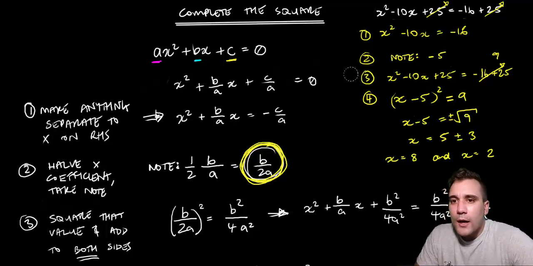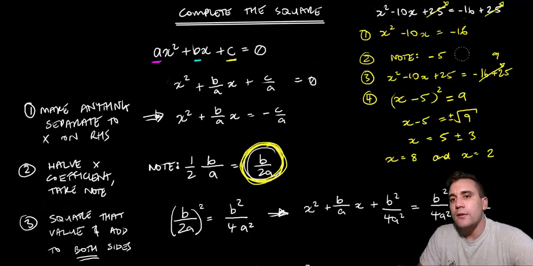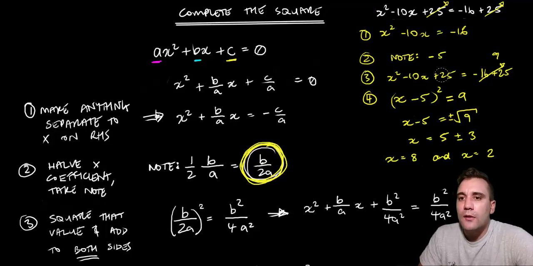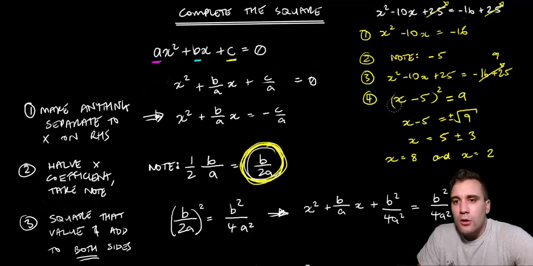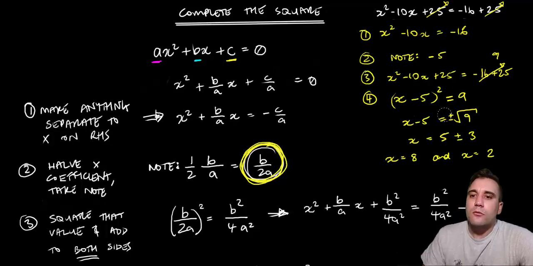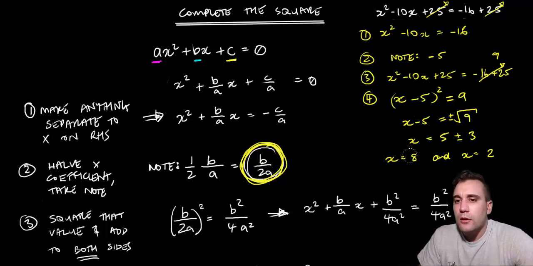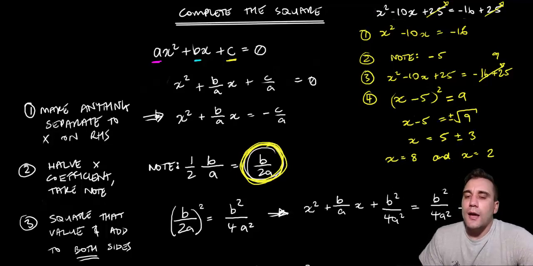The next step was to square that value and add it to both sides. -5 squared was 25. I added it to both sides, and that allowed me to create a perfect square. And it always works. You can always use this method to create a perfect square, and then you simply take the square root of both sides, do a little bit of transposition, and solve for x.